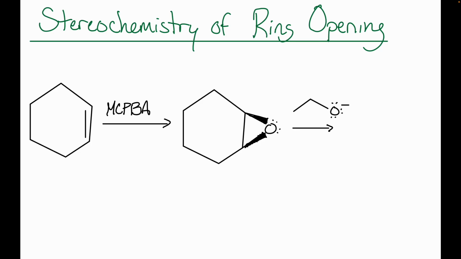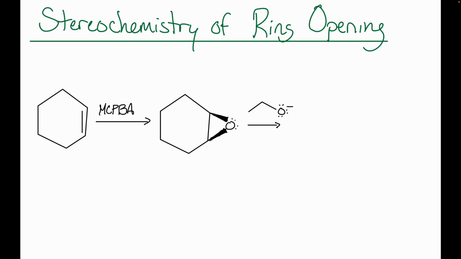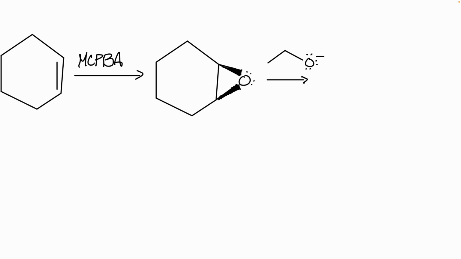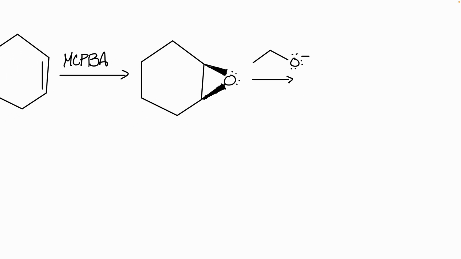This would be basic conditions. And again, how can I tell? That negative charge. Okay. So importantly, when that nucleophile attacks, it cannot attack from the same side of where that bond is. Right? If that bond's pointed out of the page, it cannot attack from that same side. It has to attack from the opposite side of that ring, what they call the backside attack.